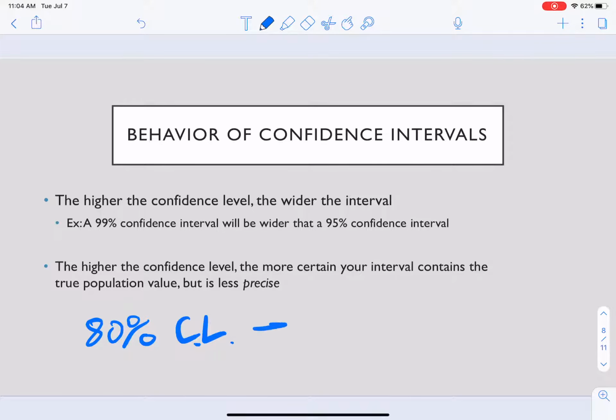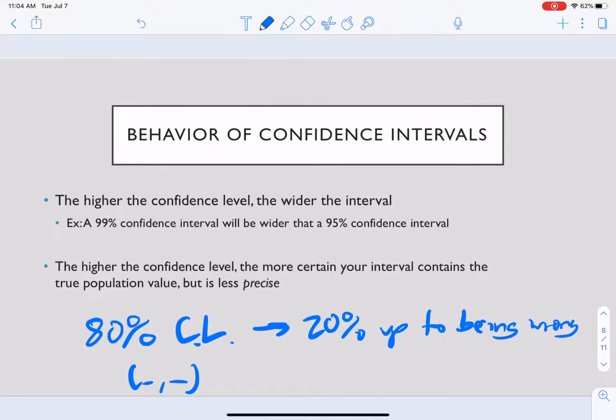You're leaving 20% up to being wrong. Or if you were to do the experiment again a ton of times, 80% of the times, whatever thing you're looking at is going to be between these two values, but 20% of the time it won't be in there. So it's this sort of give and take.